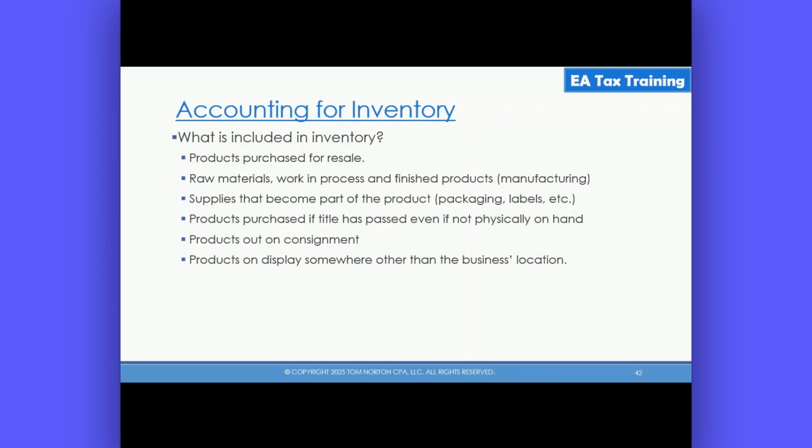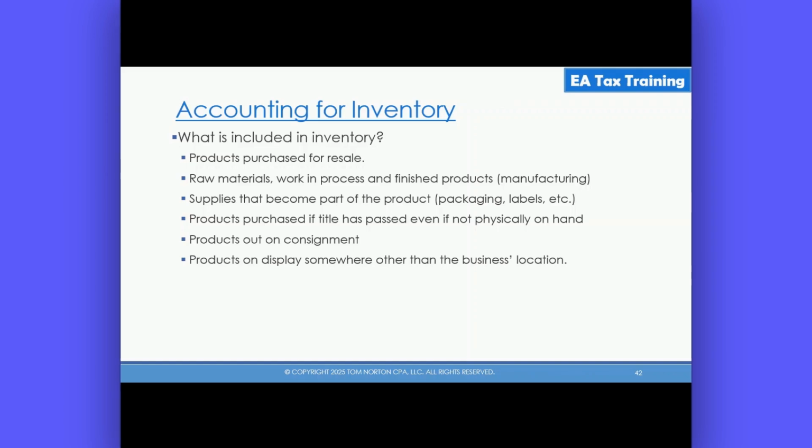Any products purchased if title has passed, even if not physically on hand. So remember, we talked about the FOB shipping point. If you have something that's FOB shipping point, even if you haven't received it yet, title is passed, you include it in your inventory. Products that are out on consignment. So maybe you've got products that are being displayed in somebody else's store, or they're in a salesperson's van or truck, and they're going around trying to sell it.